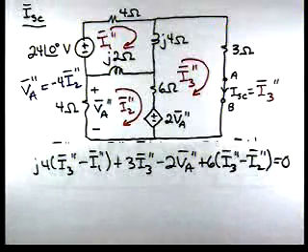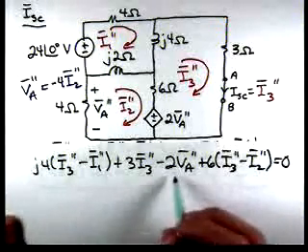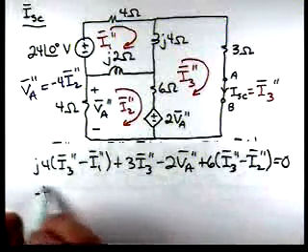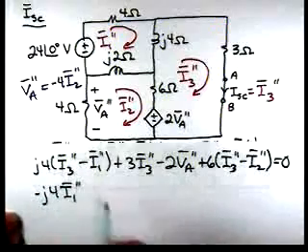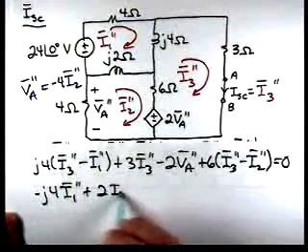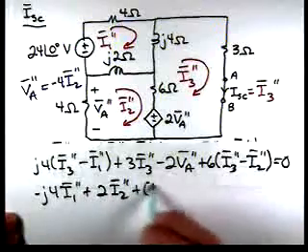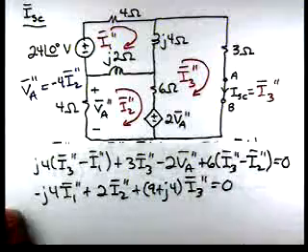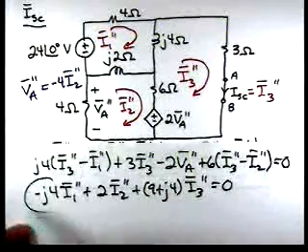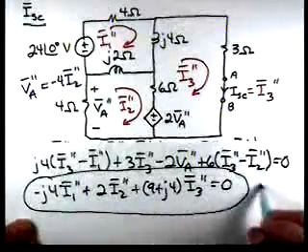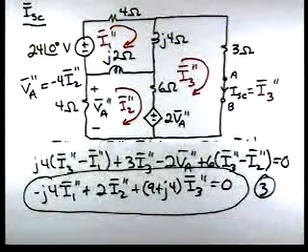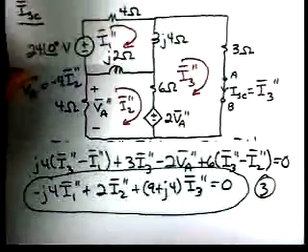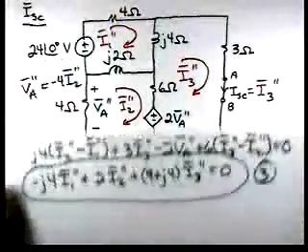And if we make the substitution into here, then our equation becomes minus J4 I1 double prime plus 2 I2 double prime plus (9 plus J4) I3 double prime equal to 0. Well, that's 3 now. I short circuit is just I3.